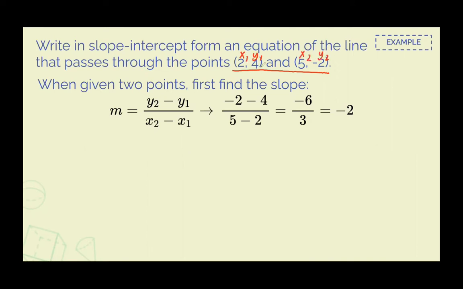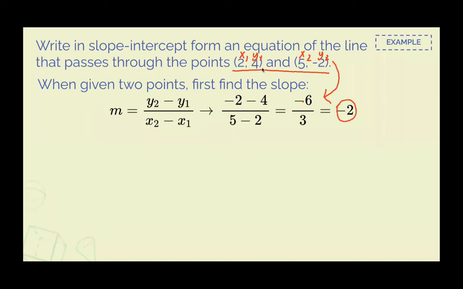So this would be x1, y1, and then (5, -2) would be x2, y2. Then go ahead and plug that into your slope equation. So that would just be -2 minus 4 for y2 minus y1, over 5 minus 2. Once that simplifies, you get -6 over 3, and that can actually divide into -2.